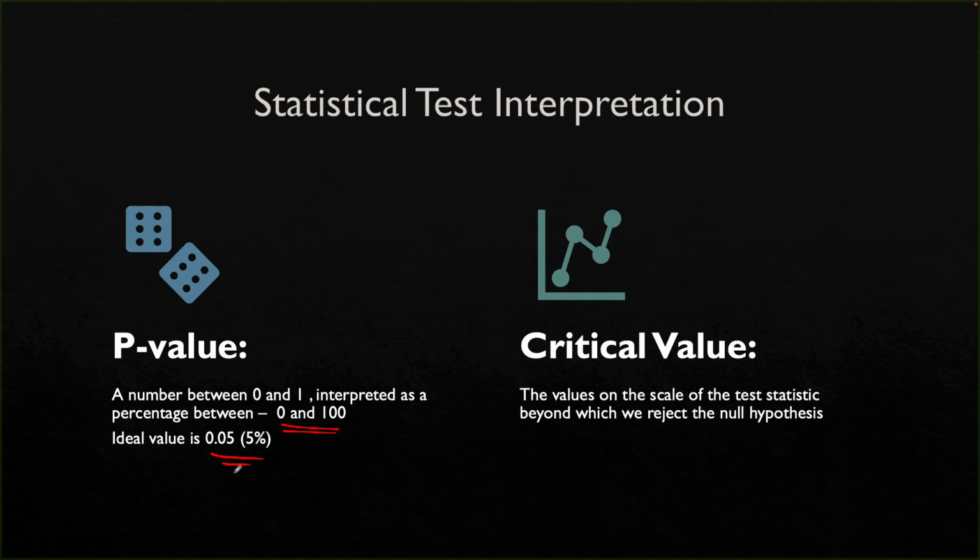Sometimes we also consider it as 1% depending on the problem that we are working on. But in a general scenario, 5% is the p-value threshold that we would consider. And coming to the critical value, critical values are nothing but the values on the scale of the test statistic beyond which we are going to reject the null hypothesis. So this is what a critical value is.